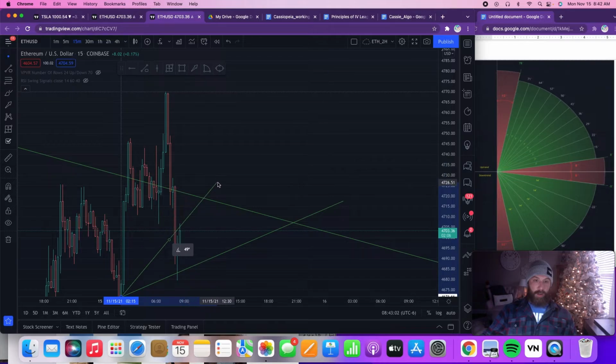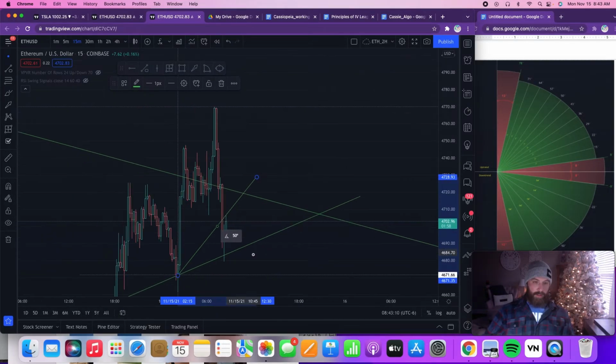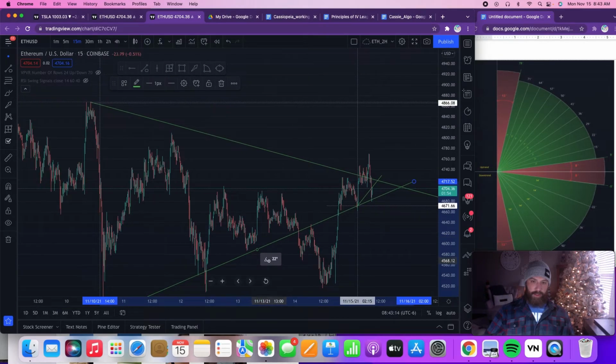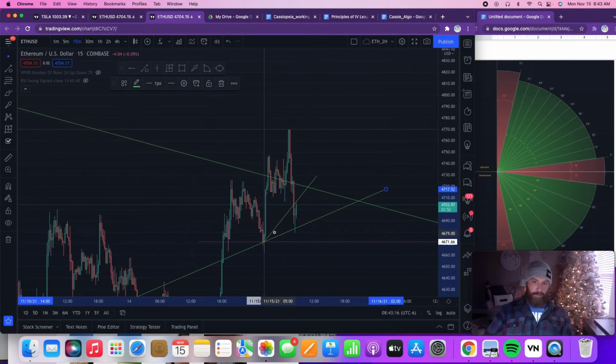Keep working our way down. We're currently stuck at the 50. We bounce down clear to our support, which we've already established is the 22. That's just another confirmation that the support is at the 22 degree.